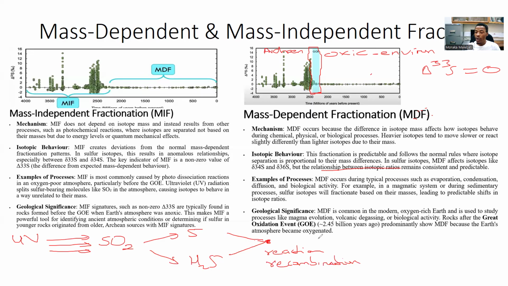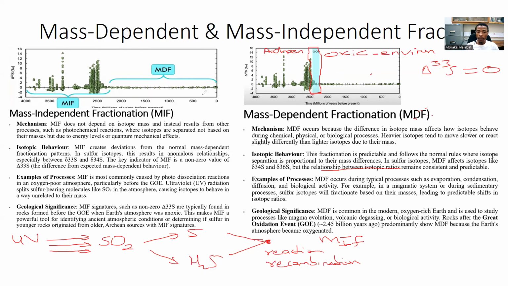Now making sure that the MIF isotopic signatures were not preserved in the rock record, which is why the rocks after the Great Oxidation Event are not supposed to be containing the MIF values.